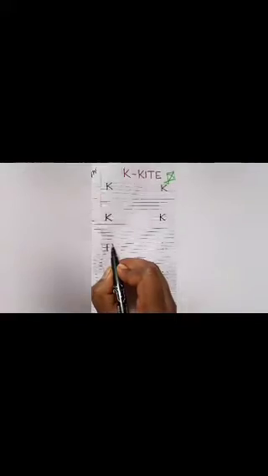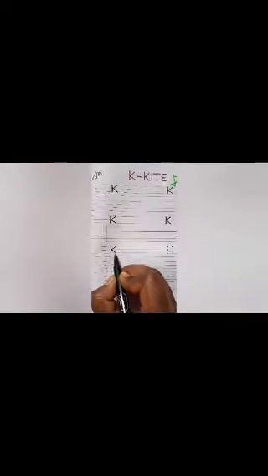Again we do letter K, standing line, slanting line and a slanting line. K for king. Ka, king. Again we do standing line and a slanting line and again draw a slanting line. Letter K. Again kids, key.